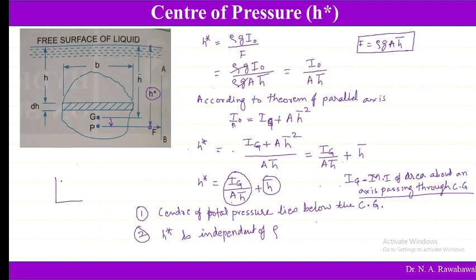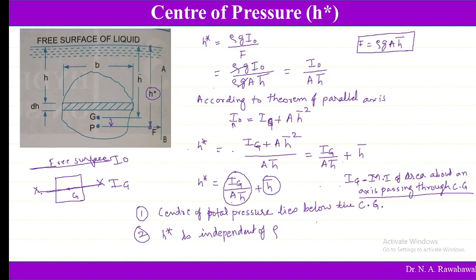Say for example, this is a surface which has its center of gravity here, G. So the moment of inertia about this axis XX, which is parallel to the free surface of the liquid. So this is the free surface, then this moment of inertia about the x-axis is known as Ig, and the moment of inertia of this surface about the free surface or plane is known as I naught.